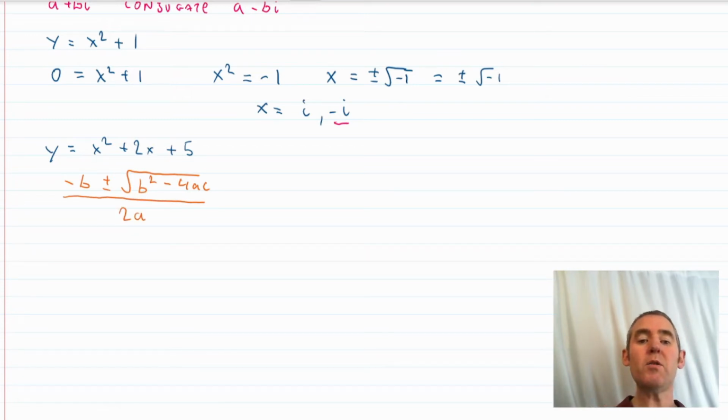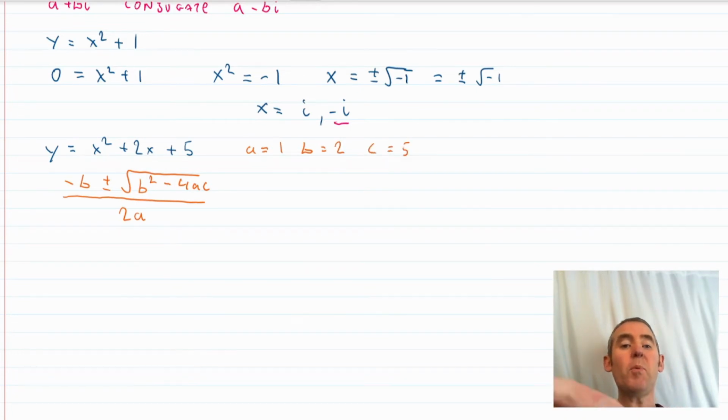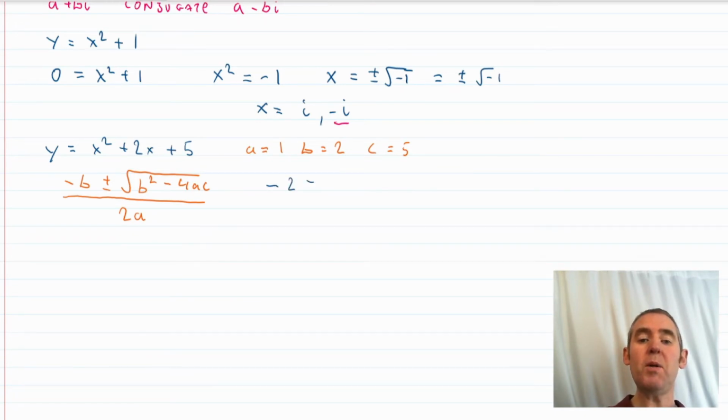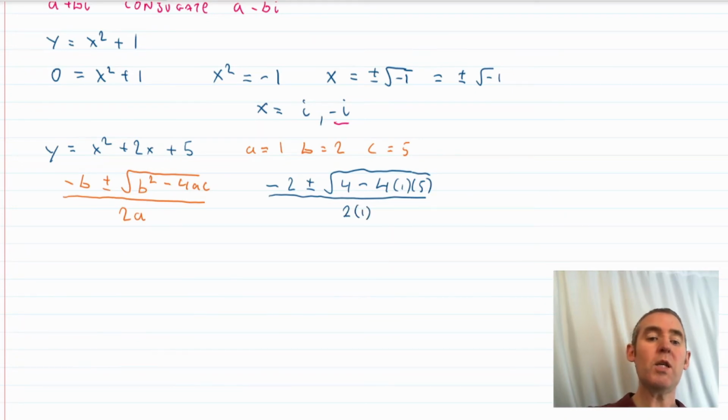It's better to just put down what a is. a is 1 in this case, b is 2, and c is 5. If we put them into the formula now, we will get minus 2, which is minus b, plus or minus the square root of b squared, which is 4, minus 4 times a, which is 1, times c, which is 5, all over 2 times 1.